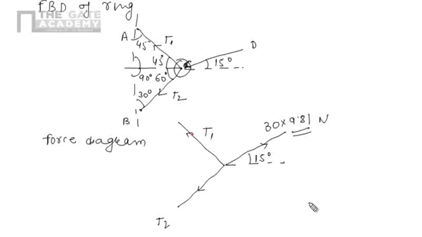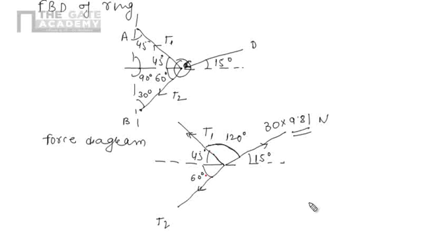Now we have T1 and T2, these two unknowns, and we know the angle between these two. This is 45 degree and this one is 60 degree. So we can easily find out the angle between the other forces. This 45 plus 15 is 60, so the remaining will be 120, if we talk about the 180-degree angle here.